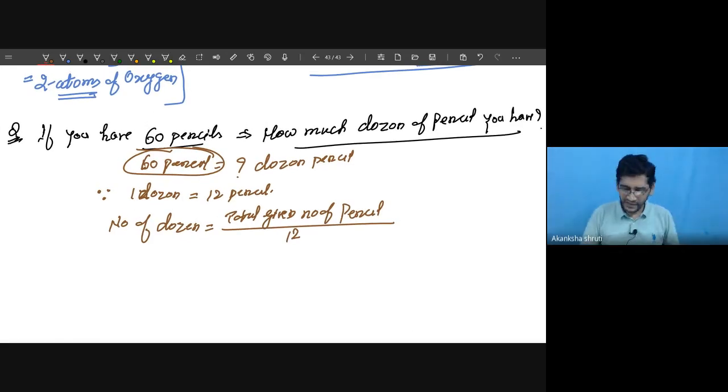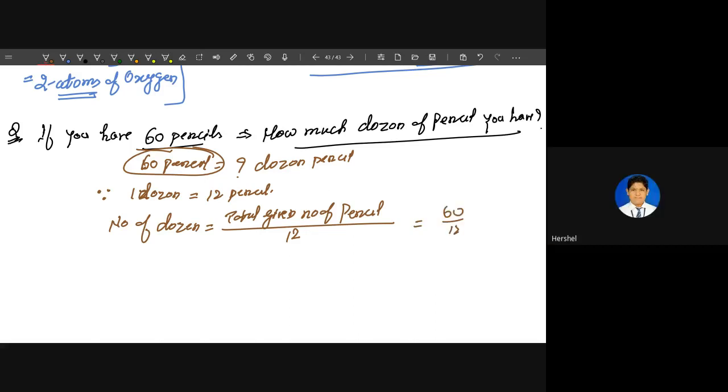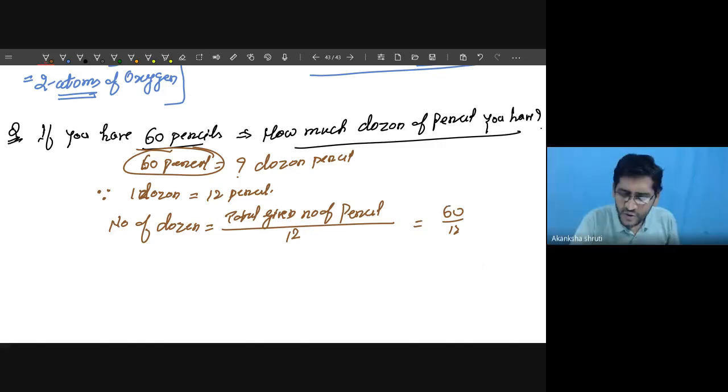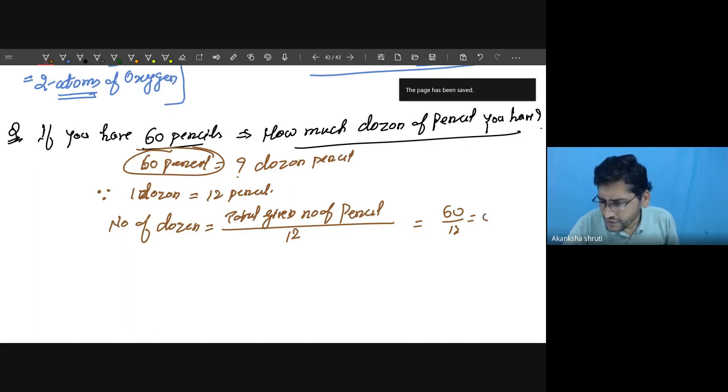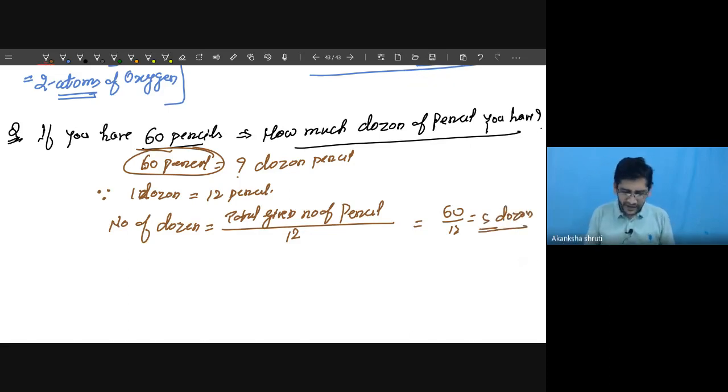So this way we are getting 60 divided by 12, which is equal to 5. It's so simple. For calculating the number of dozen, we are just dividing the given number by 12.